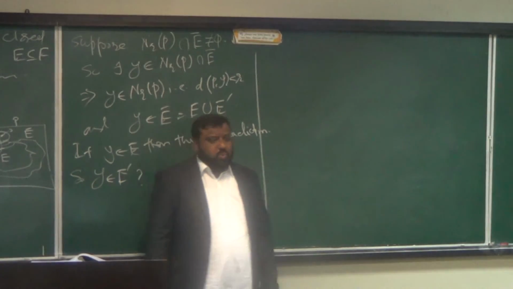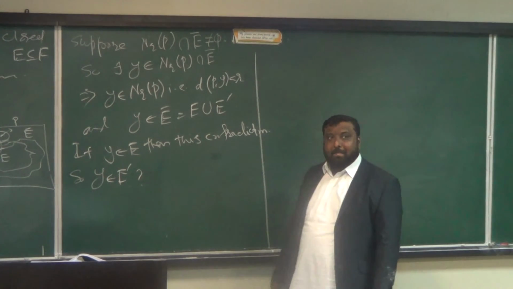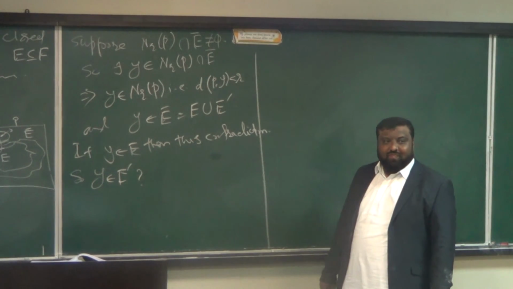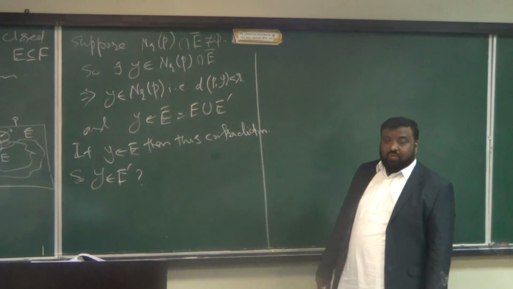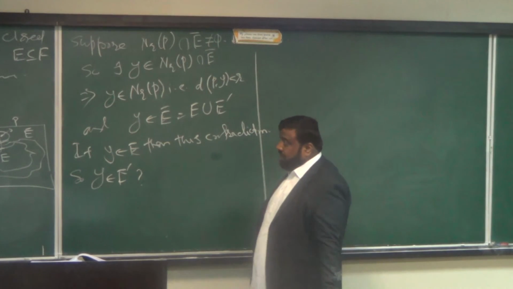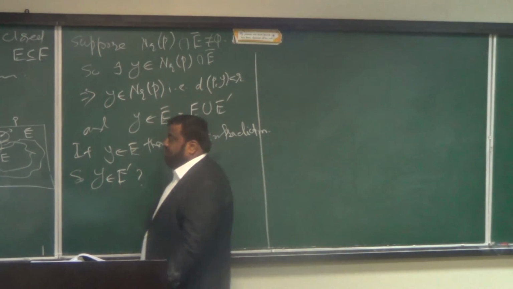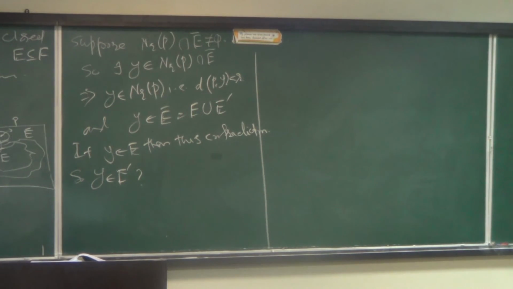Intersection, limit point. If any radius exists, then we are done. You need to justify it. This ball that we have drawn around P is around y. This small ball is around y.